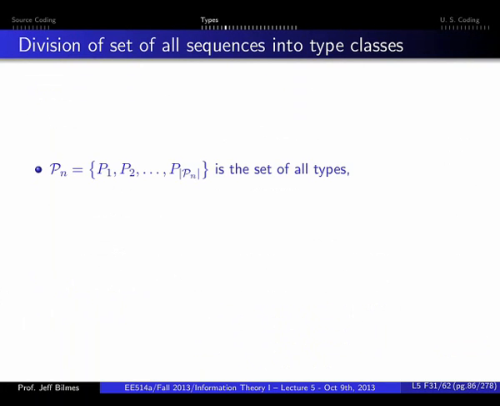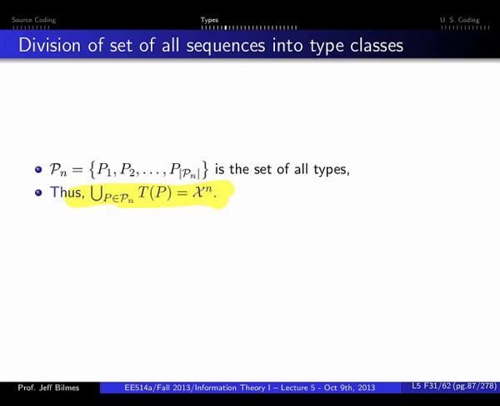So again, script Pn is the set of all types. Therefore, if we take the union over all types of the type class of P, that's equal to all sequences, because it's a partition. Each type class has no intersection.